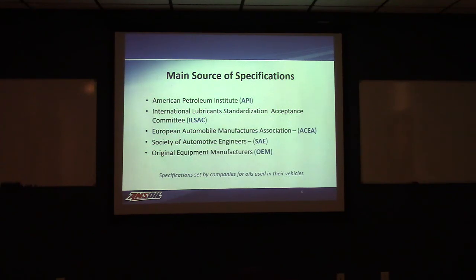ACEA, the folks over in Europe, they get involved certainly with the equipment that's manufactured over there. Society of Automotive Engineers, they're usually involved in this. And original equipment manufacturers can have their own specification and certification programs outside what all of these other groups are doing.